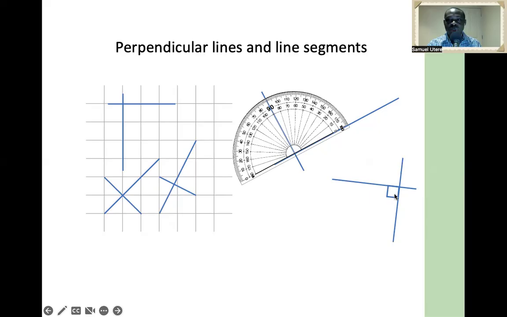This notation shows a right angle, so those line segments are perpendicular to each other. You also find them in polygons like the triangle. The line segment AB is perpendicular to the line segment AC.